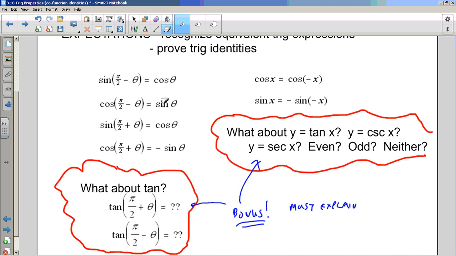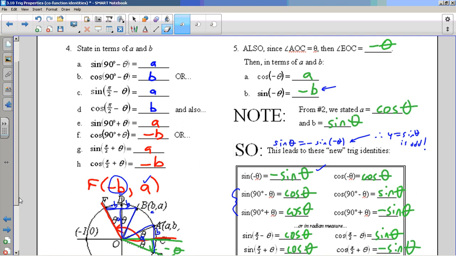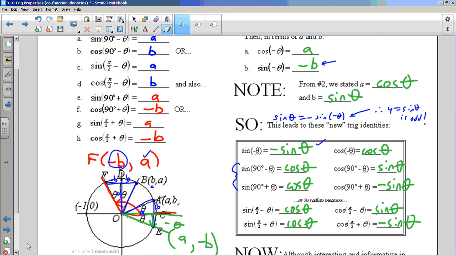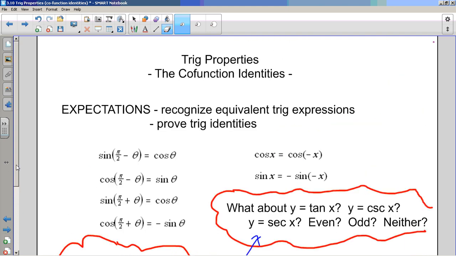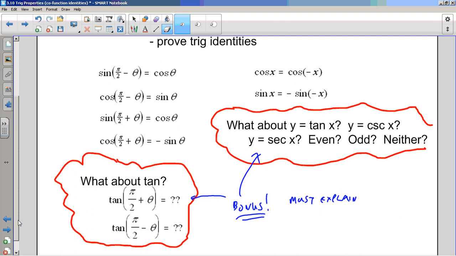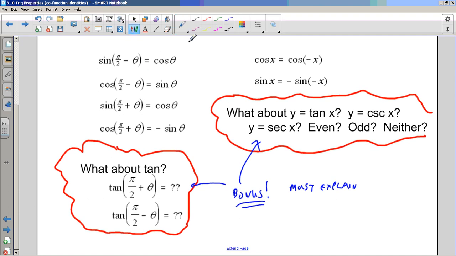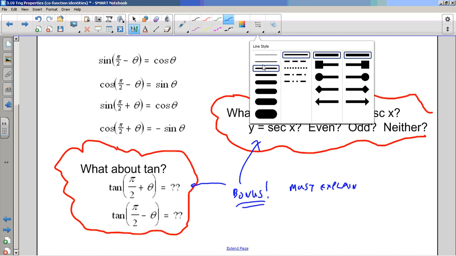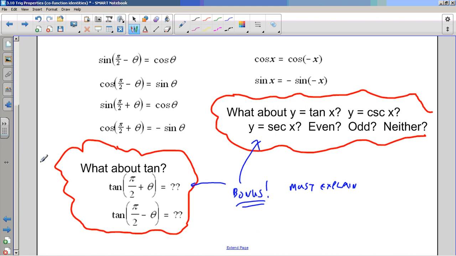Now, there's a lot of stuff to remember, but how do we remember? There's lots of ways. One is you could remember this development, which is a little bit complicated, but still not so bad. But I want to talk about a couple of other ways. One is, especially for these ones, because these ones are actually just a triangle.